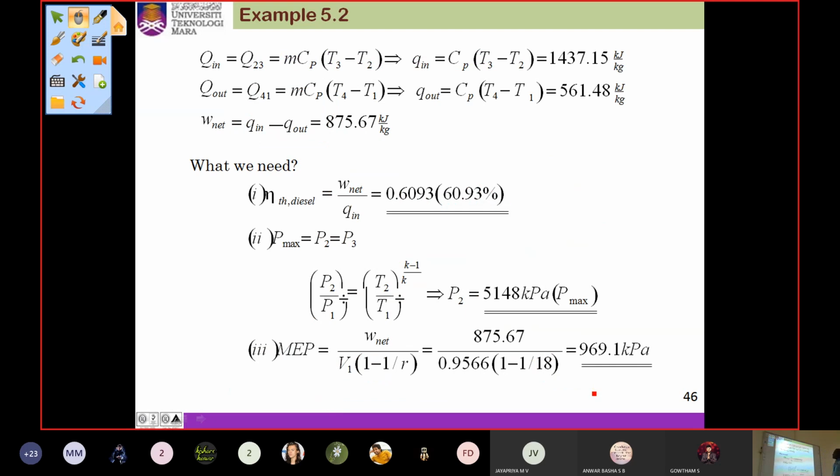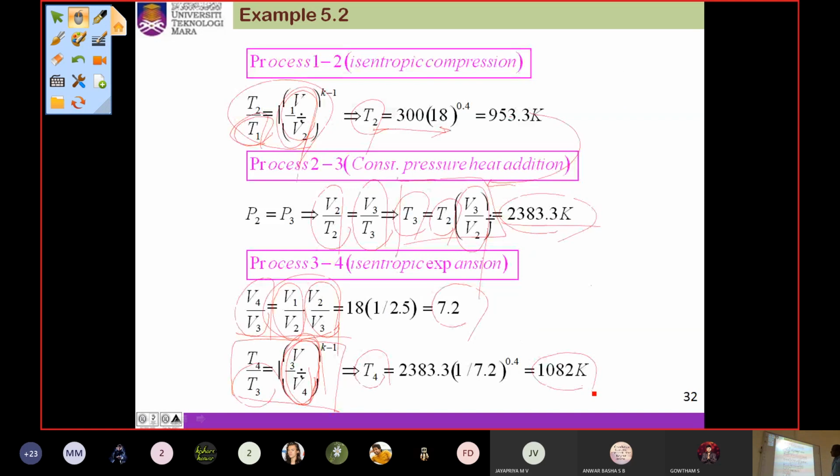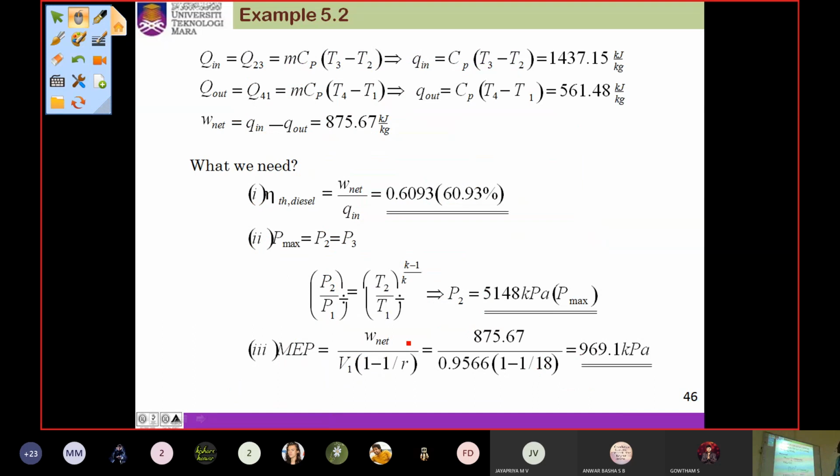Then we have to move to the next process. So I think we found our parameters. Right. So we know T1, V1. We found T2. We know V1, V2, V3, then V4 also. Right. So for the next process, it is the final process, constant volume heat rejection. Before that, we can calculate Qin for the second process, also Qout for the fourth process. But you know the formulas.